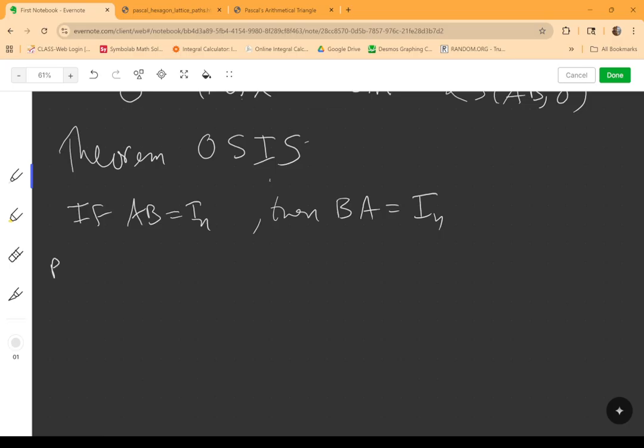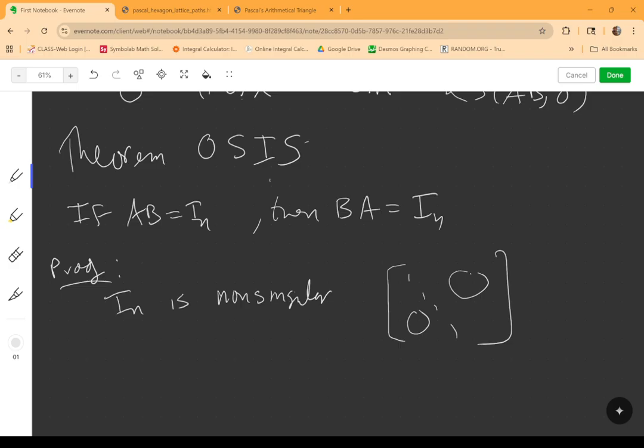Now, one thing to keep in mind is that In is non-singular. All these other values are 0.